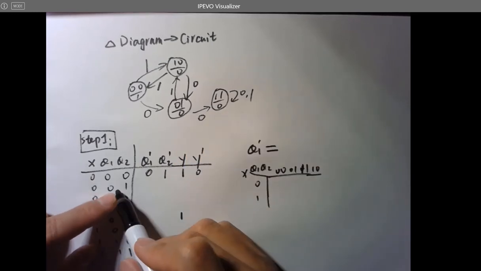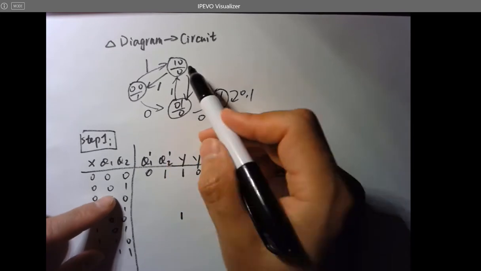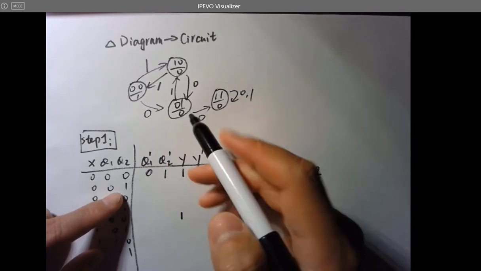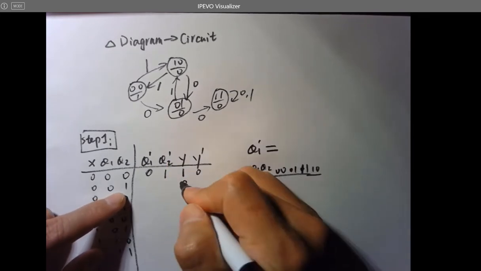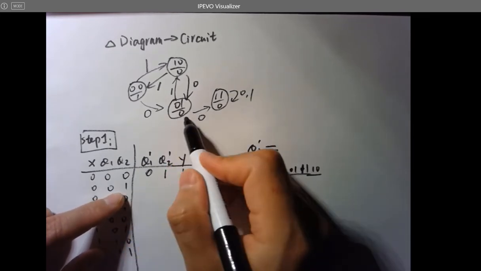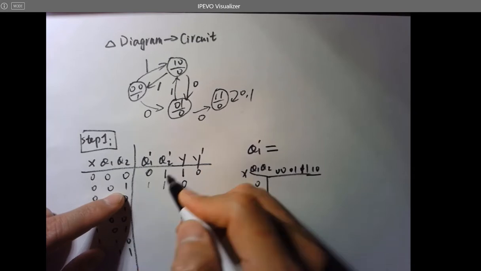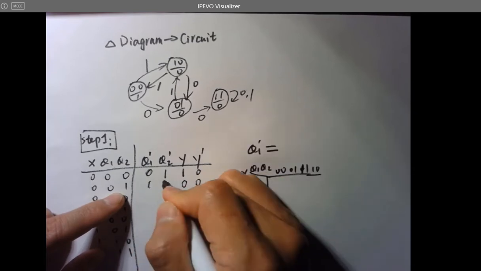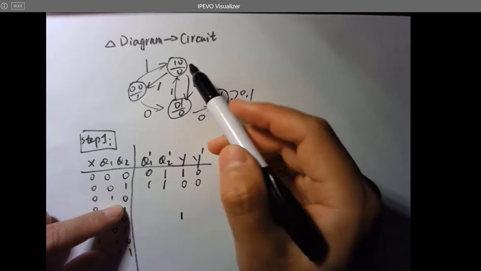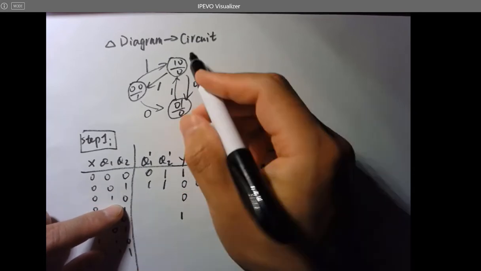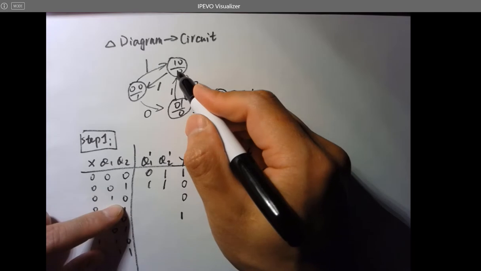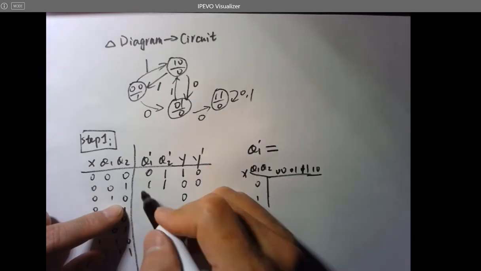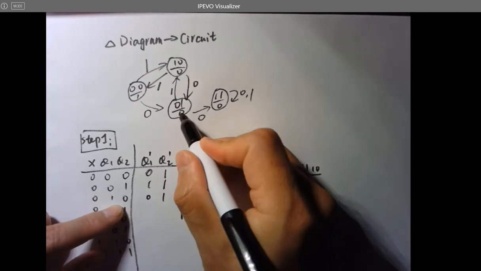And now let's look at the next. Q1, Q2, 0, 1 here. So Y has to be 0. And when X is 0, it jumps to 1, 1. And the output will be 0. 1, 0. Y will be 0. And when X is 0, it jumps to 0, 1. And Y is 0. Right?